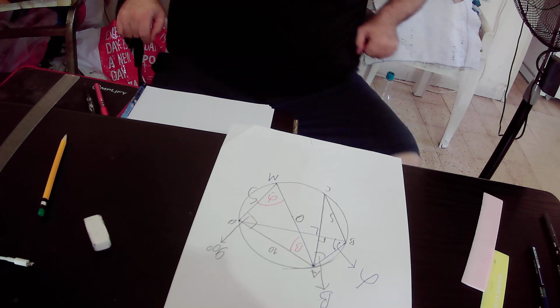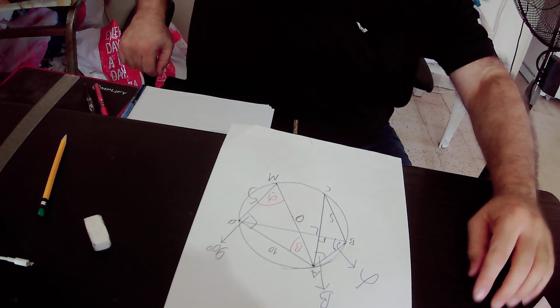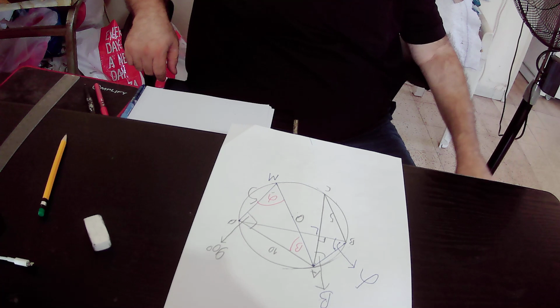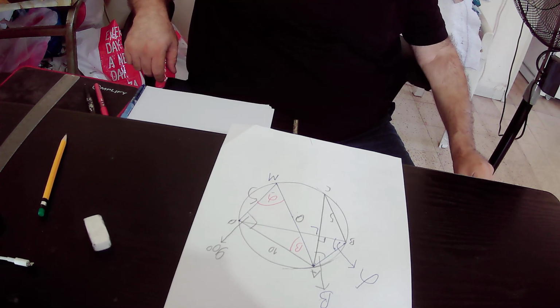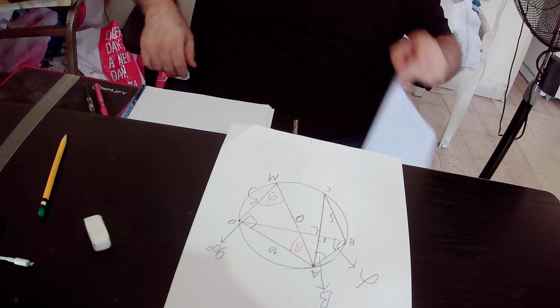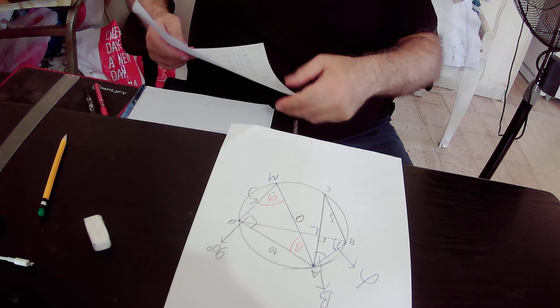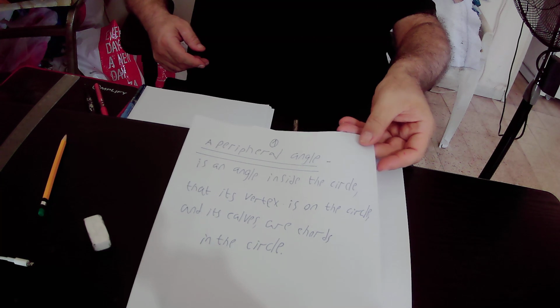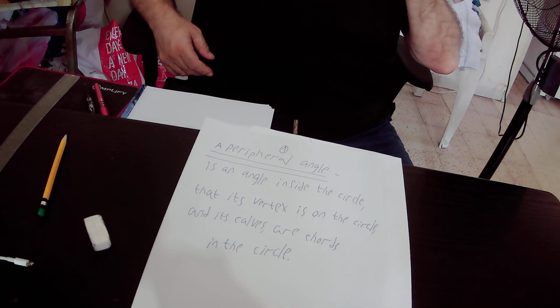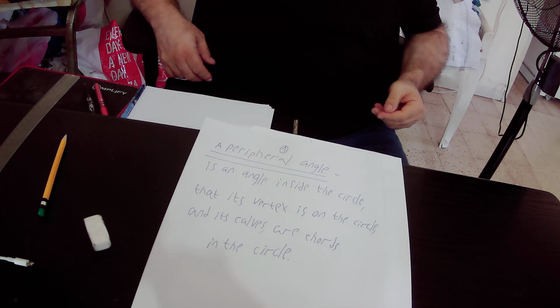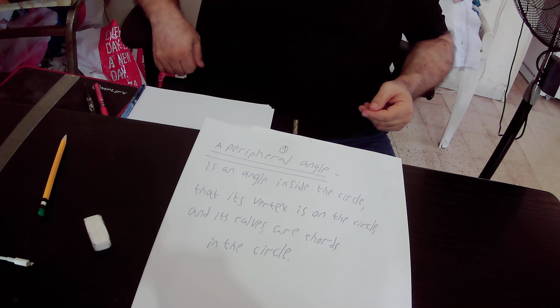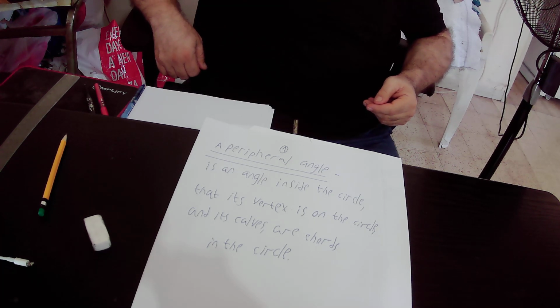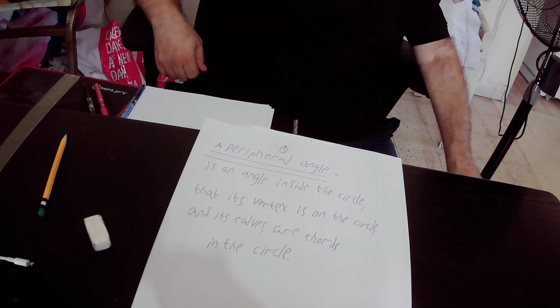Okay, first of all, we define what is a peripheral angle. A peripheral angle is an angle inside the circle whose vertex is on the circle and whose sides are chords in the circle.